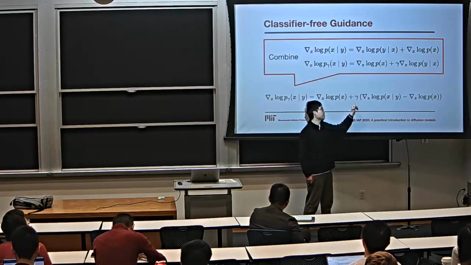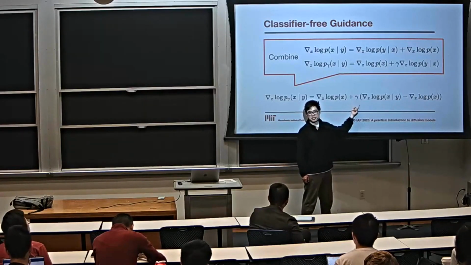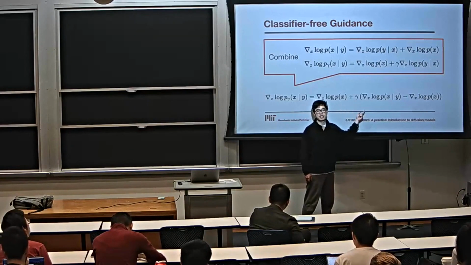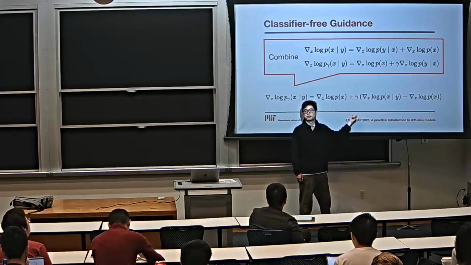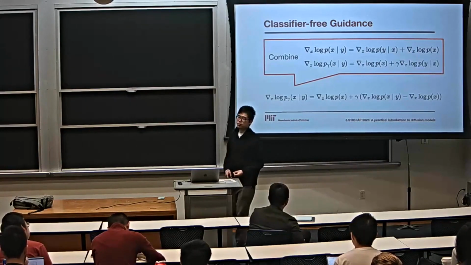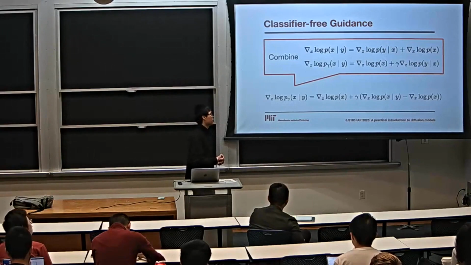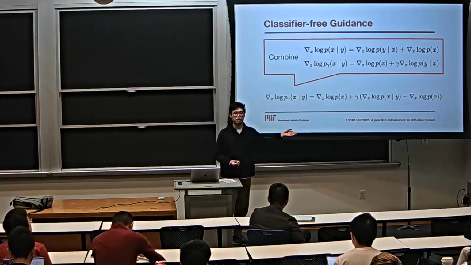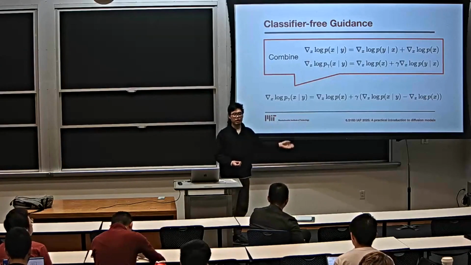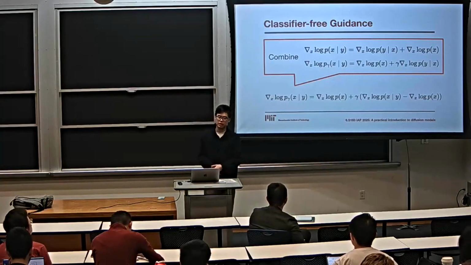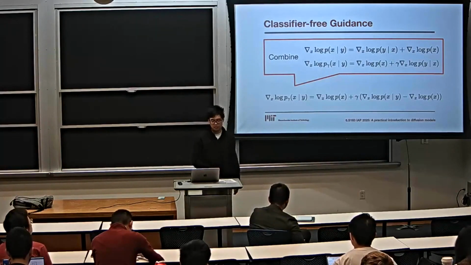So if we want to add a guidance strength here, we add it to this classifier term. And of course now it's decomposed, but we still add it here. Okay? So if you want your guidance to be stronger, you turn this gamma to be much stronger. If you don't want to steer it towards a certain conditional distribution, you don't add this gamma.